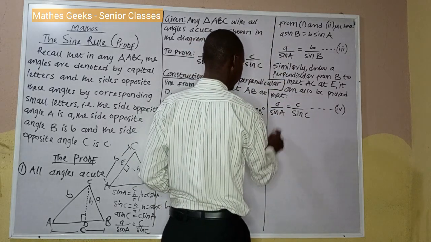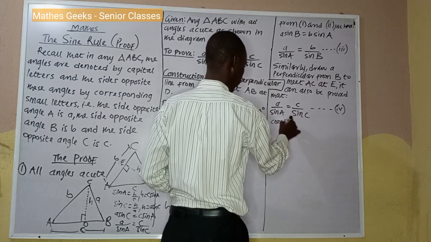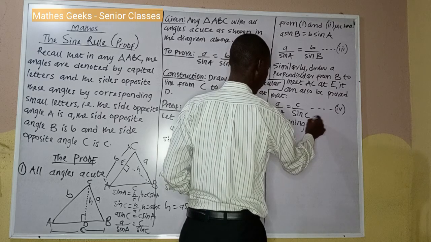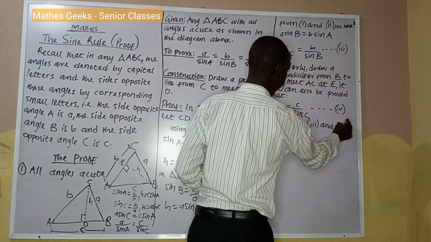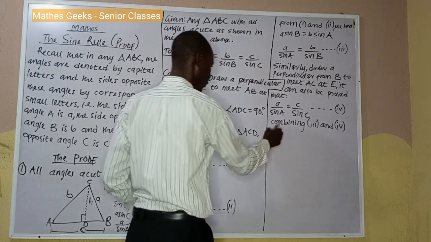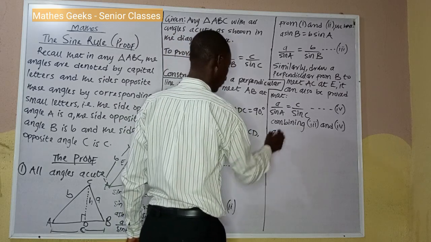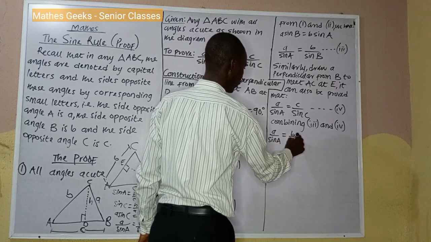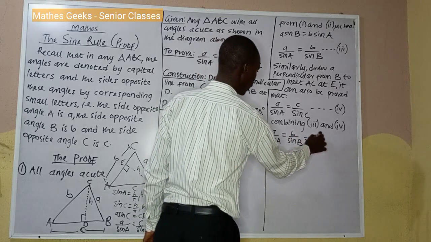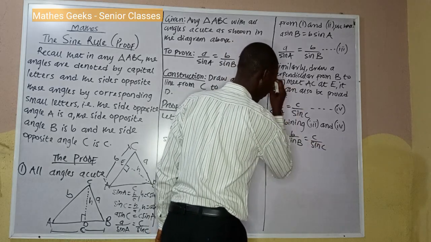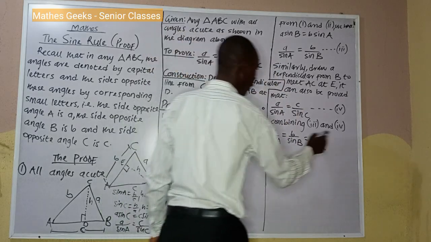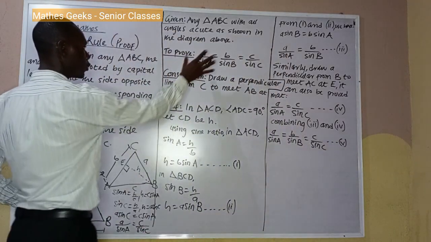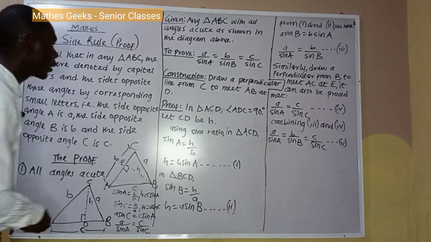So combining equation 3 and 4, we're going to have A over sine A equal to B over sine B equal to C over sine C. This becomes our equation 5, and this is exactly what we ought to get.